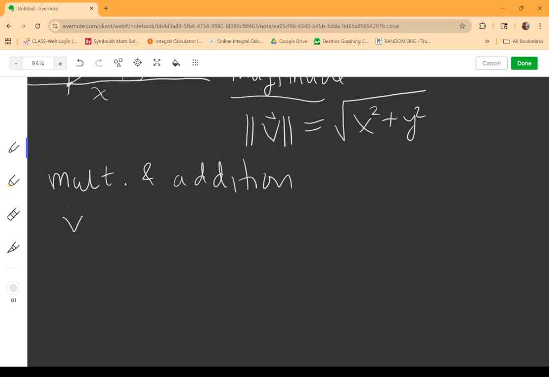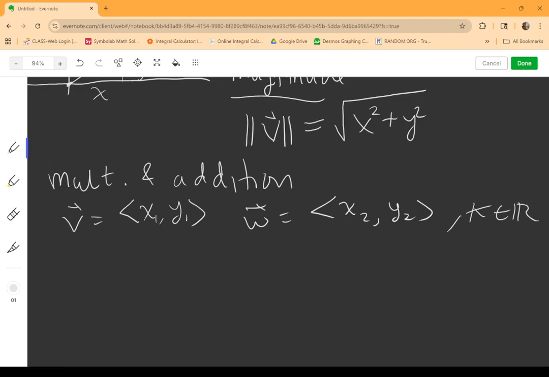So if we let v equal just some vector with components x1, y1, and w to be some components with x2, y2, and we'll let k be some real number.